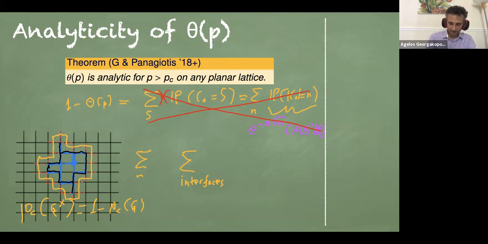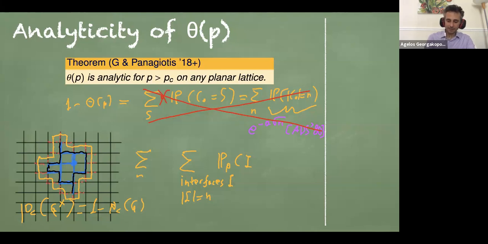I'm writing the sum over all interfaces with given size n. And then I want to write here the probability that my interface occurs. So I'm tempted to write the probability that this I is actually the interface of the cluster of O.